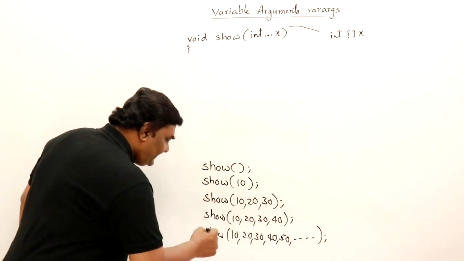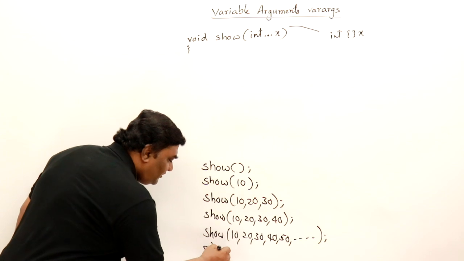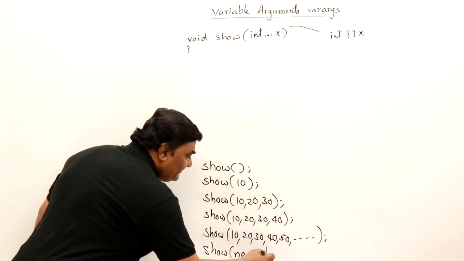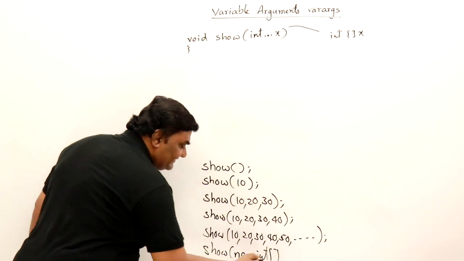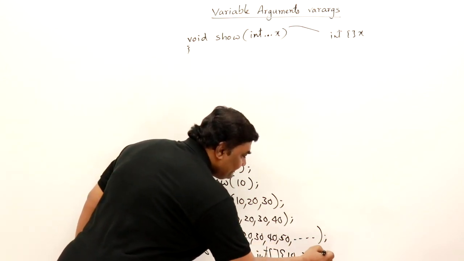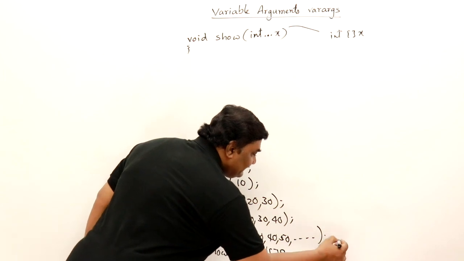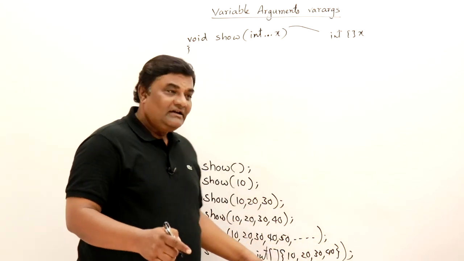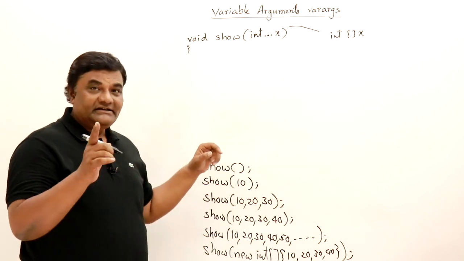It means, can I pass it like this? Call the show method by passing a new anonymous array. Means there is no name for this array, and I will pass the values 10, 20, 30, 40. This is an array object. I am sending an array. This is an array of elements. Can we pass this also to that one? Yes.